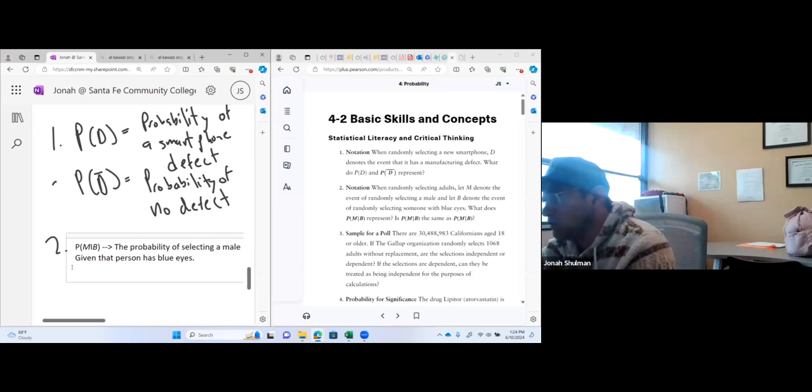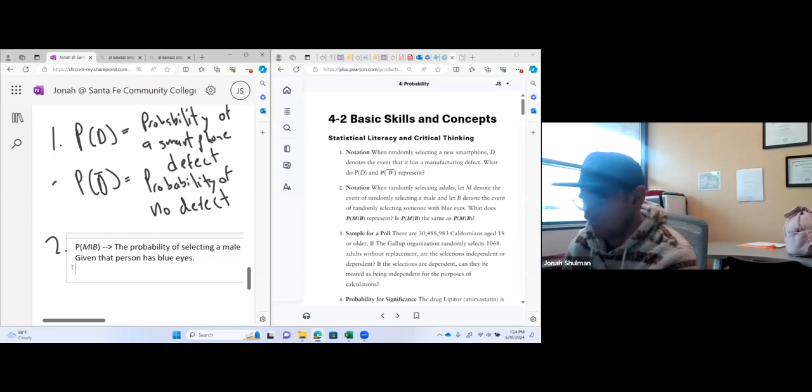Is P(M|B) the same as P(B|M)? They should have had this backwards. So they made a mistake. This should have been B and then M. So this is different from P(M|B). You know, everybody makes mistakes, even the book.